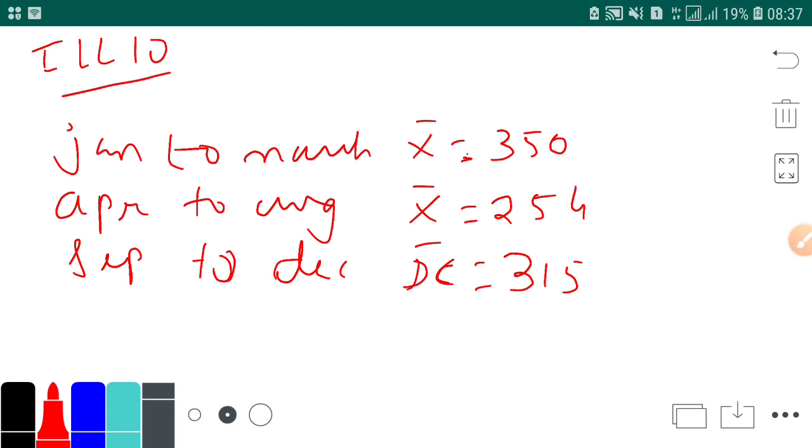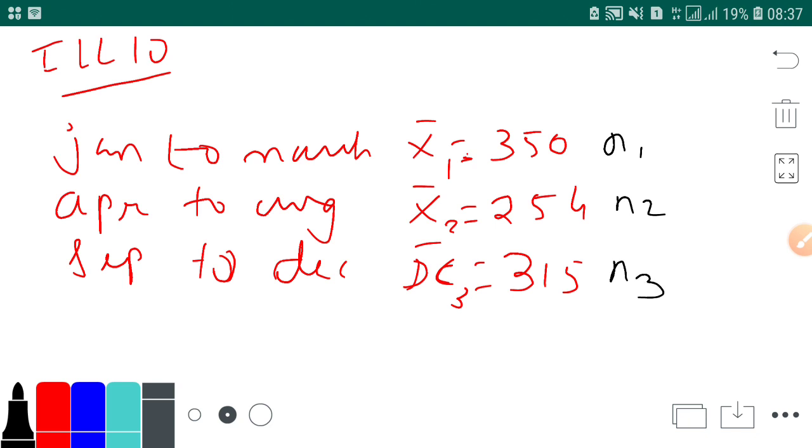Now there are 3 means. I can say this is x bar 1, this is x bar 2, and this is x bar 3. Now what is n here? If there are 3 data, there should be n1, n2, and n3.